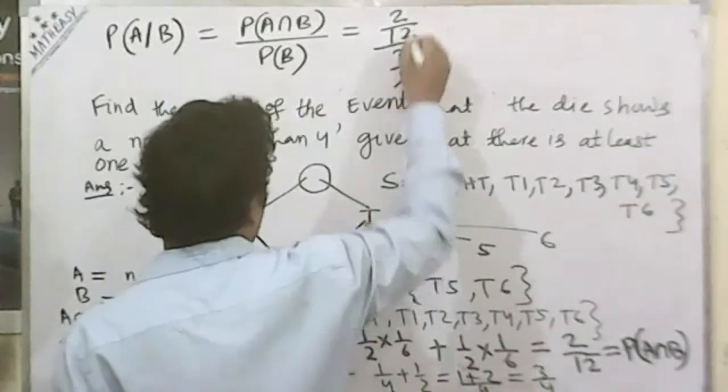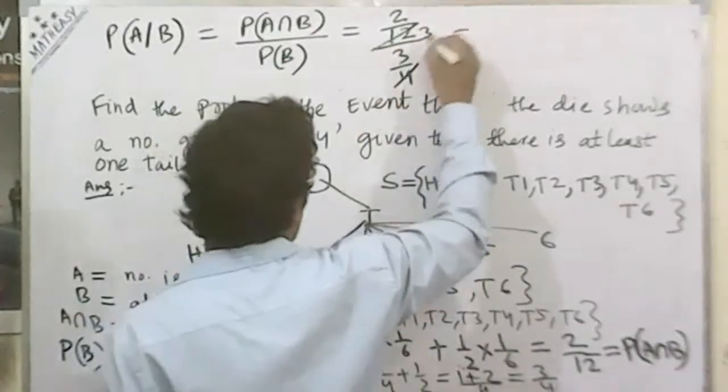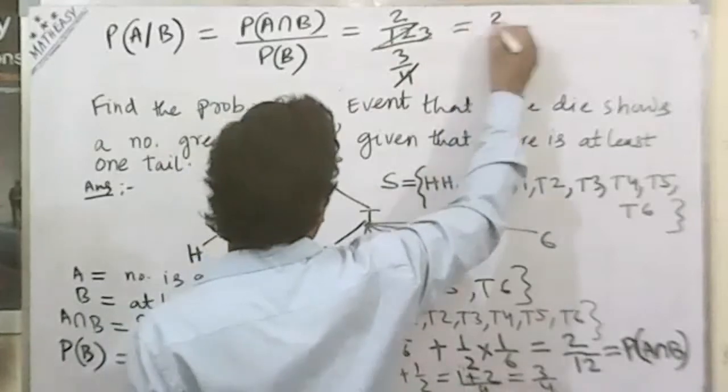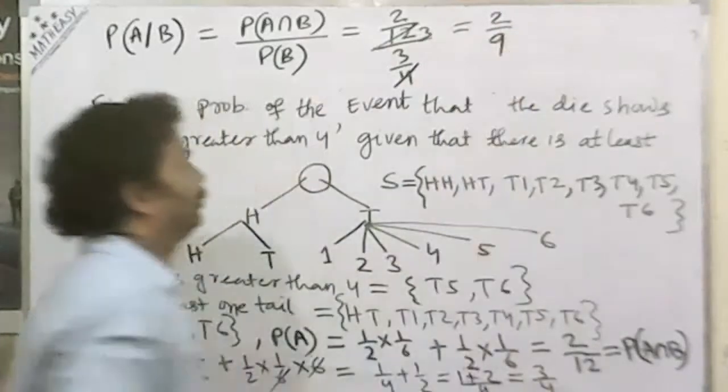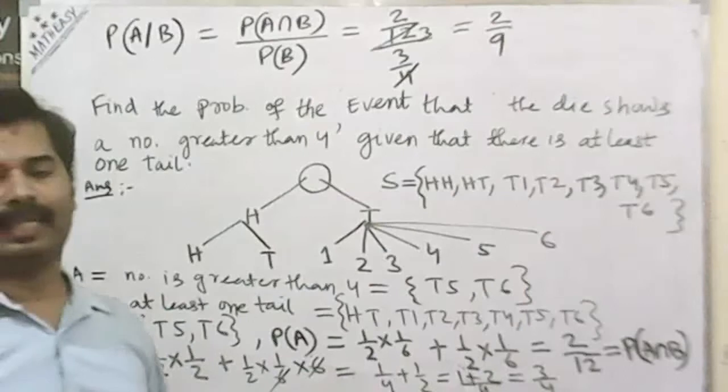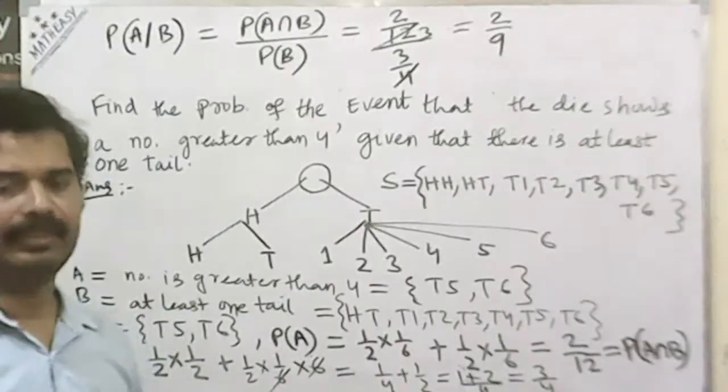Means 4 by 3. It means 2 by 9. 2 by 9 is the answer.